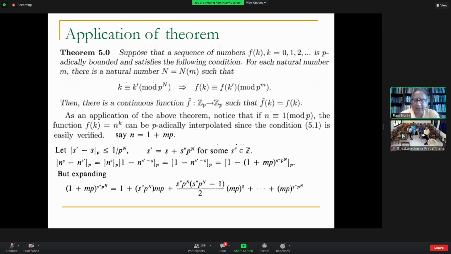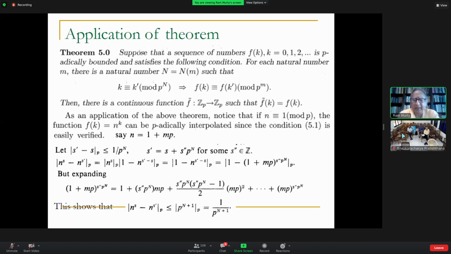So indeed, you are able to see that n^s and n^s' are getting closer and closer p-adically, and therefore we can interpolate the sequence of values n^k, whenever n is congruent to 1 mod p, and find a continuous function such that at those values k, you have this value n^k.